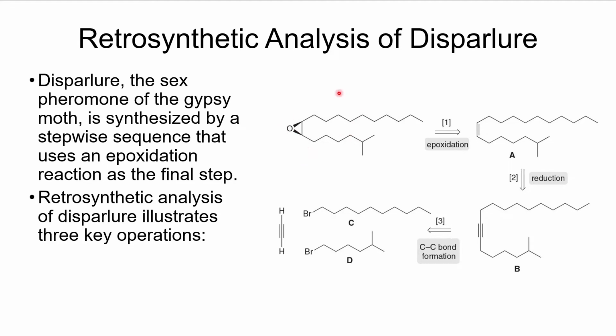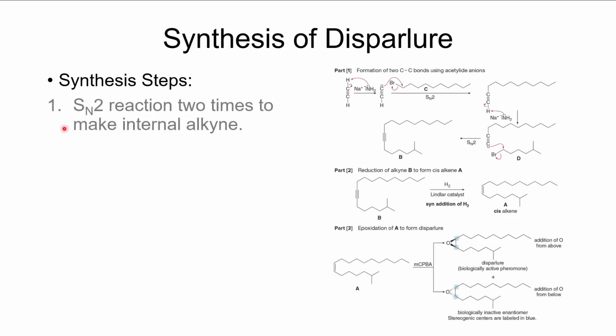So I might ask you on a written out problem to synthesize an epoxide using this kind of synthesis method. So let me show you how that would work out. The first synthetic step would be to use the SN2 reaction 2 times to make an internal alkyne.